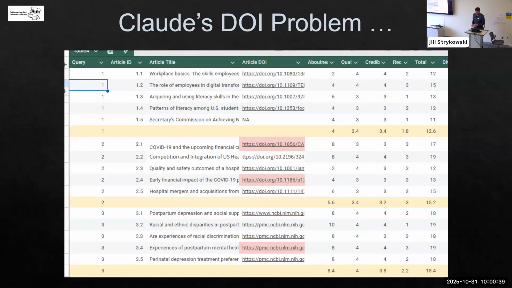But the hallucination problem, other than with the DOIs, really didn't exist. I asked it to give me things in APA citation. I wouldn't trust it to give me citations, but the papers actually exist.